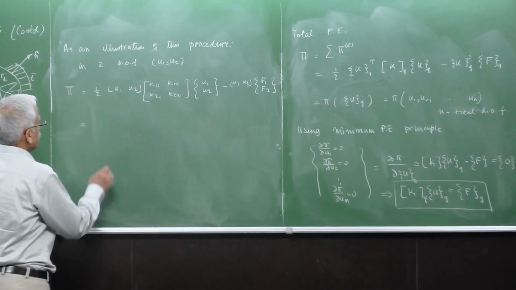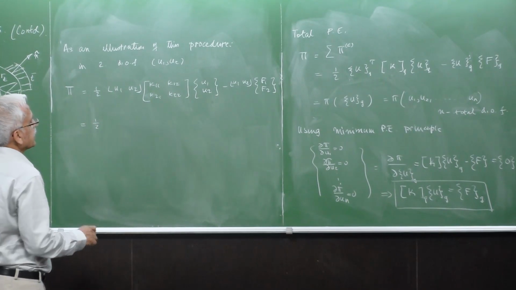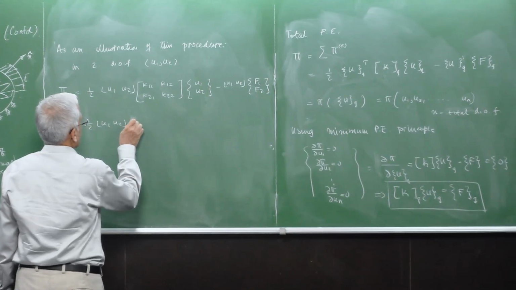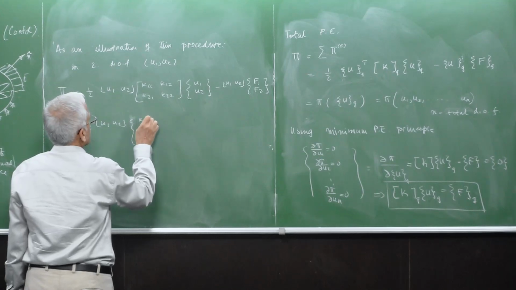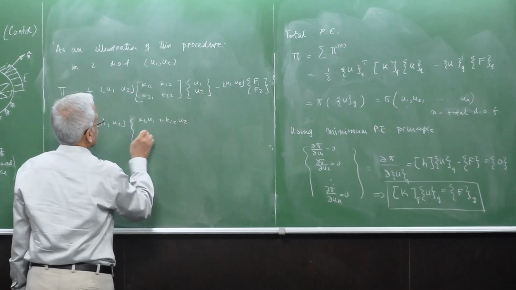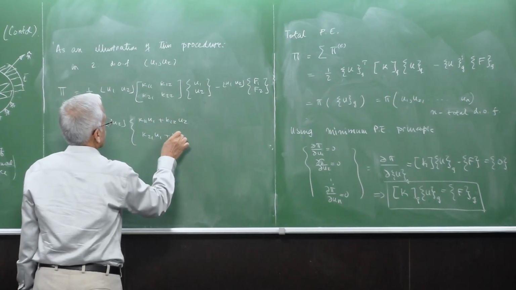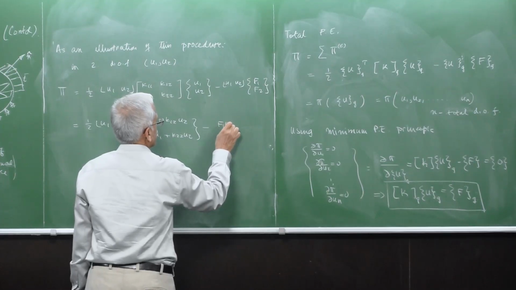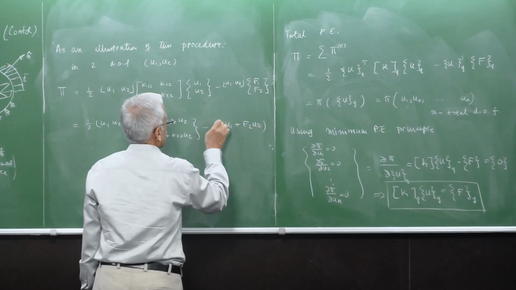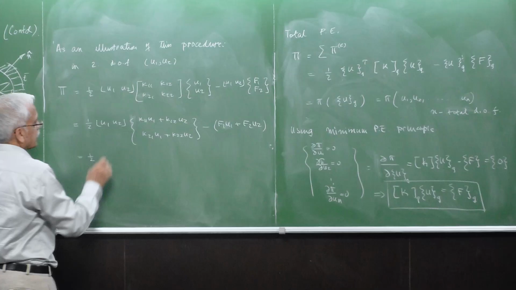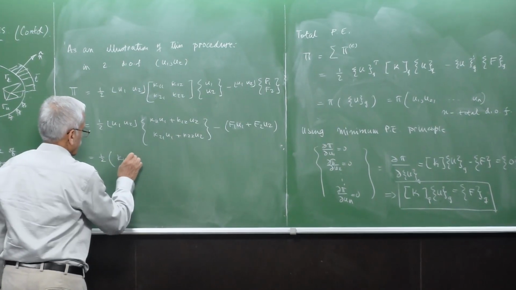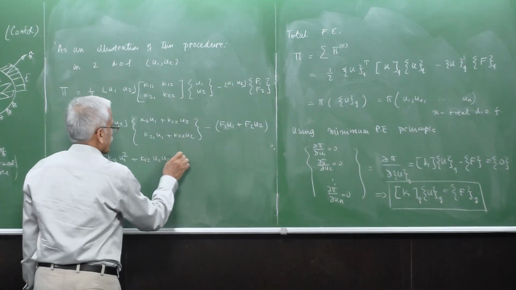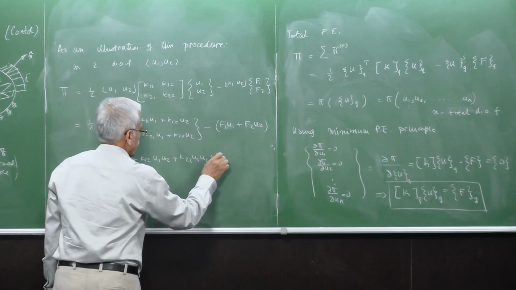If you want to expand it, you will have K11 U1, K12 U2, K21 U1, and so on, minus F1. Further, we write it as K11 U1 squared, K12 U1 U2, K21 U1 U2, K22 U2 squared.